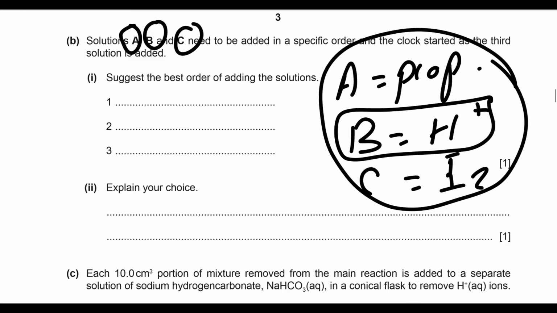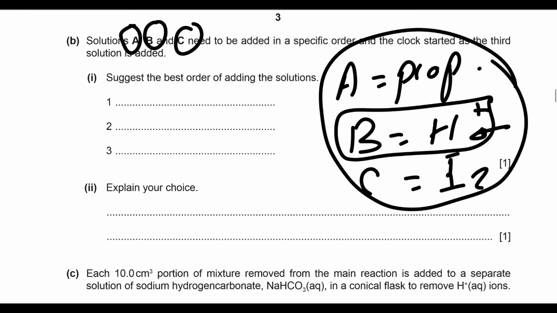Because if A and C are together, the reaction will start, but very slowly. But in the presence of B, the reaction will be catalyzed and accelerated. So you need to add what? Always the reactants are A and C. One of these must be mixed last.